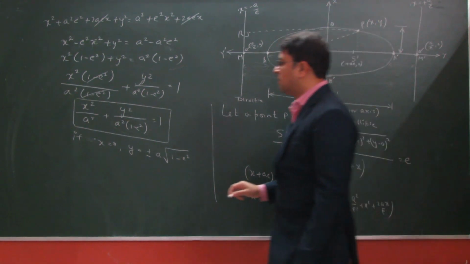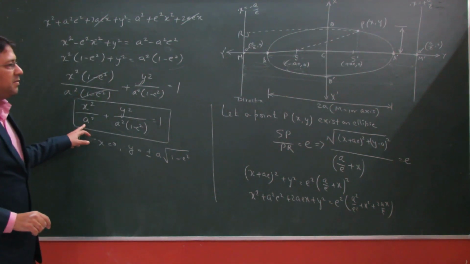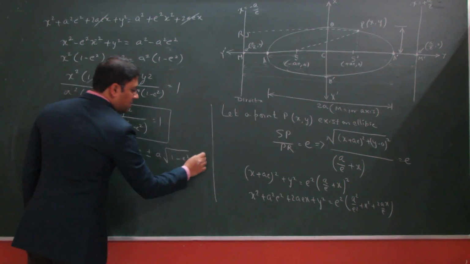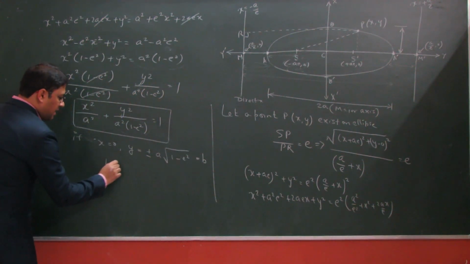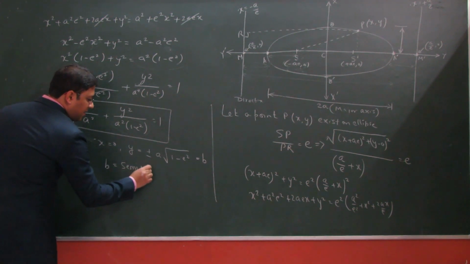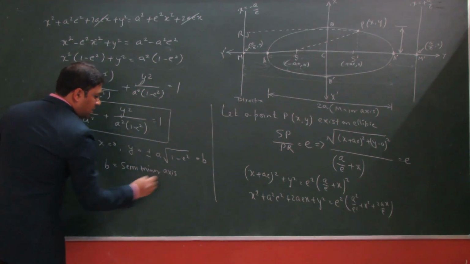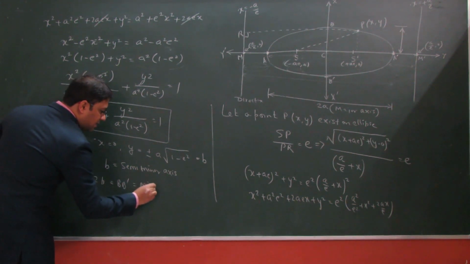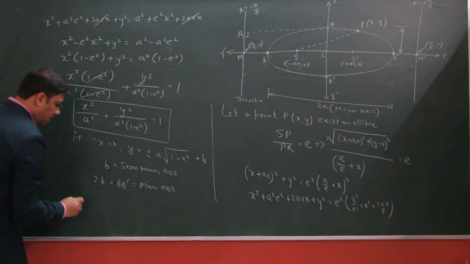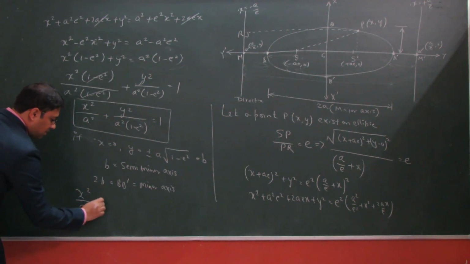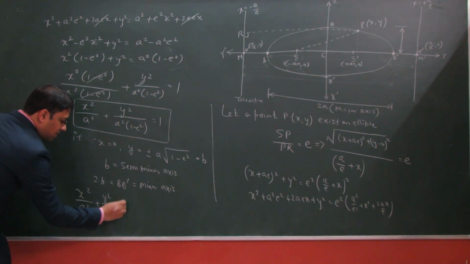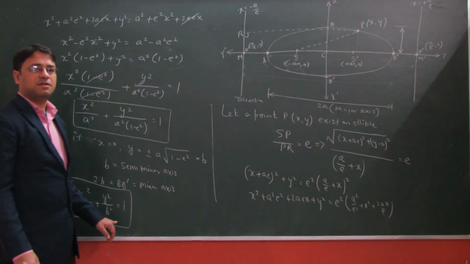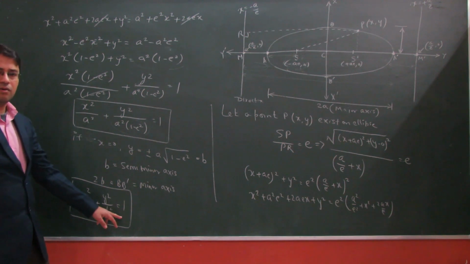For the semi-major axis the distance is a, and this distance is b. We call b the semi-minor axis, and 2b or BB dash the minor axis. Hence the equation becomes x square upon a square plus y square upon b square equal to 1. This is the standard form equation of the ellipse.